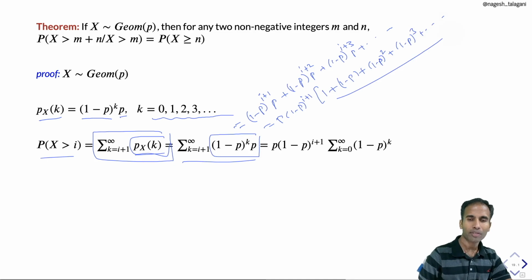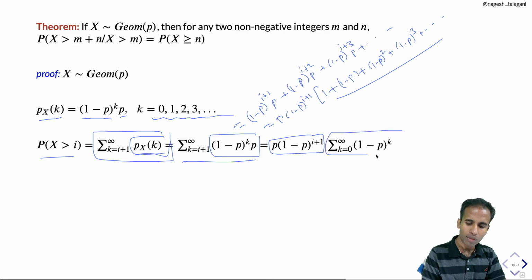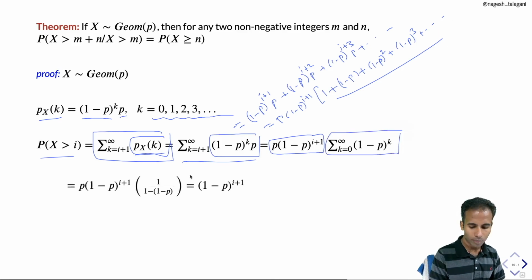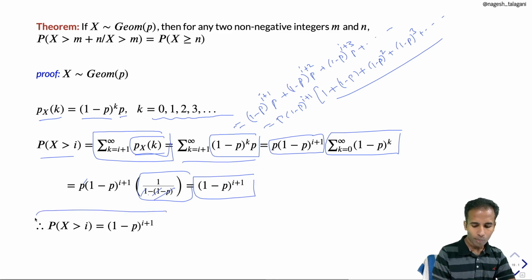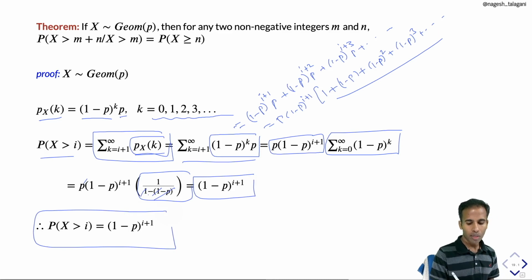This is a geometric series whose sum is going to be 1 by (1 minus (1 minus p)). So after taking this common factor, we end up with a geometric series whose sum is this. Here the 1 cancels, minus minus plus, and this p cancels, so we are left with (1 minus p) to the power of i plus 1. Therefore, the probability of x bigger than i equals (1 minus p) to the power of i plus 1. Let's remember this. We will be using this result in future problems.